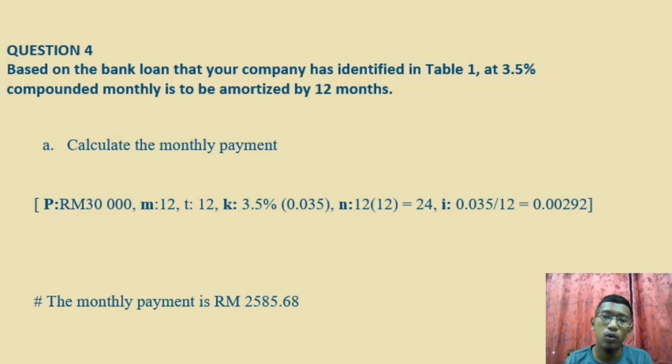And finally, we look for i. The way to find i is to divide k by m and get 0.00292. So after calculating all that, the total monthly payment is RM2,585.98.